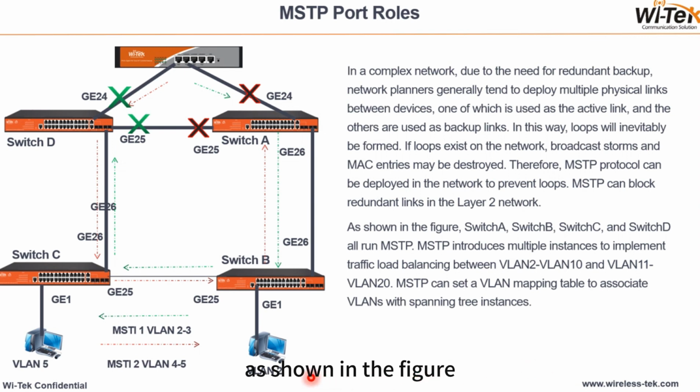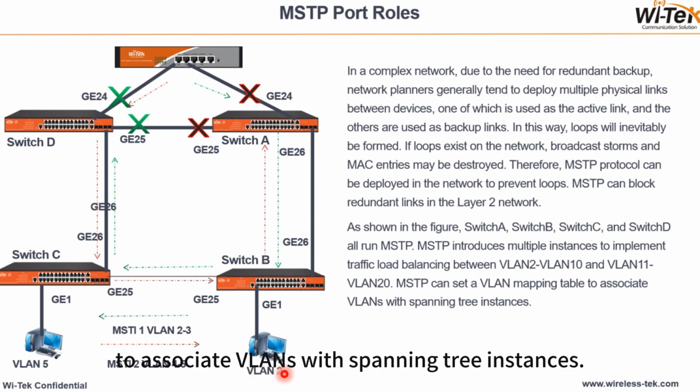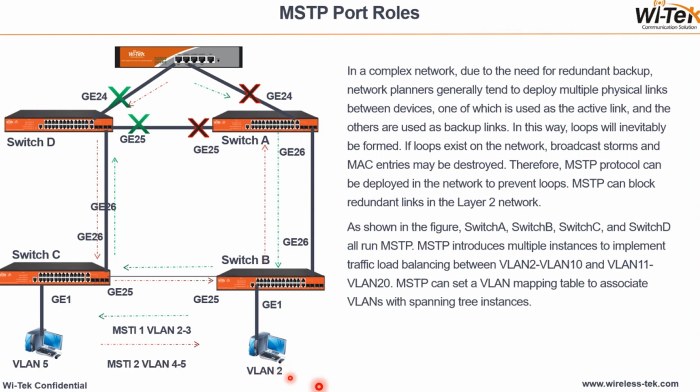As shown in the figure, switch A, B, C, and D all run MSTP. MSTP introduces multiple instances to implement traffic load balancing between VLAN 2 to VLAN 10 and VLAN 11 to VLAN 20. MSTP can set a VLAN mapping table to associate VLANs with spanning tree instances.